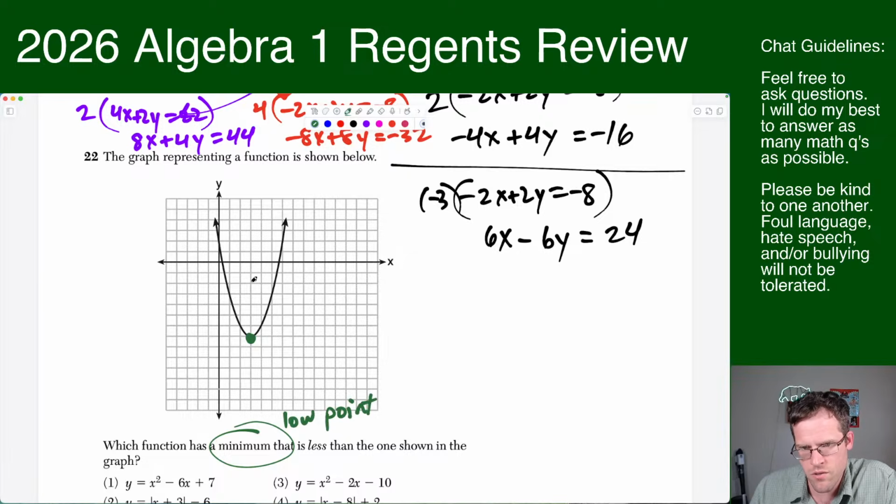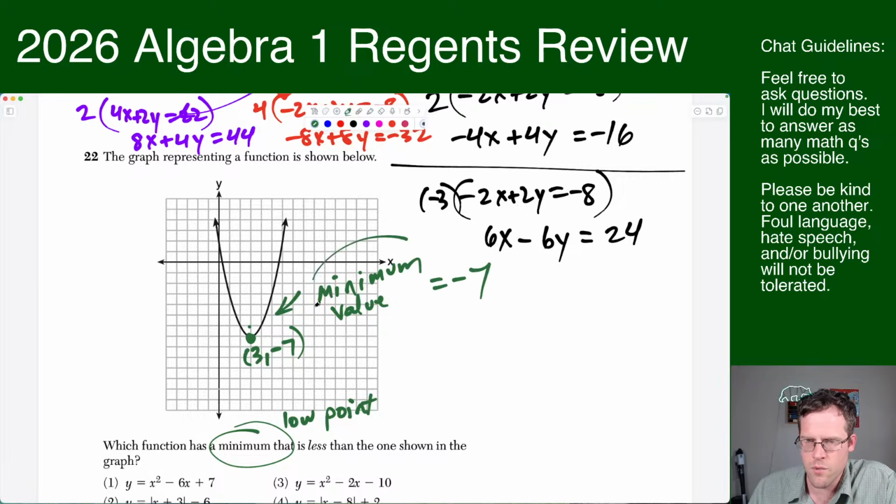That's down 1, 2, 3, 4, 5, 6, 7. So here over 1, 2, 3. So 3, negative 7. So I'll just write the minimum value is equal to negative 7. So we have to try to go lower than negative 7.